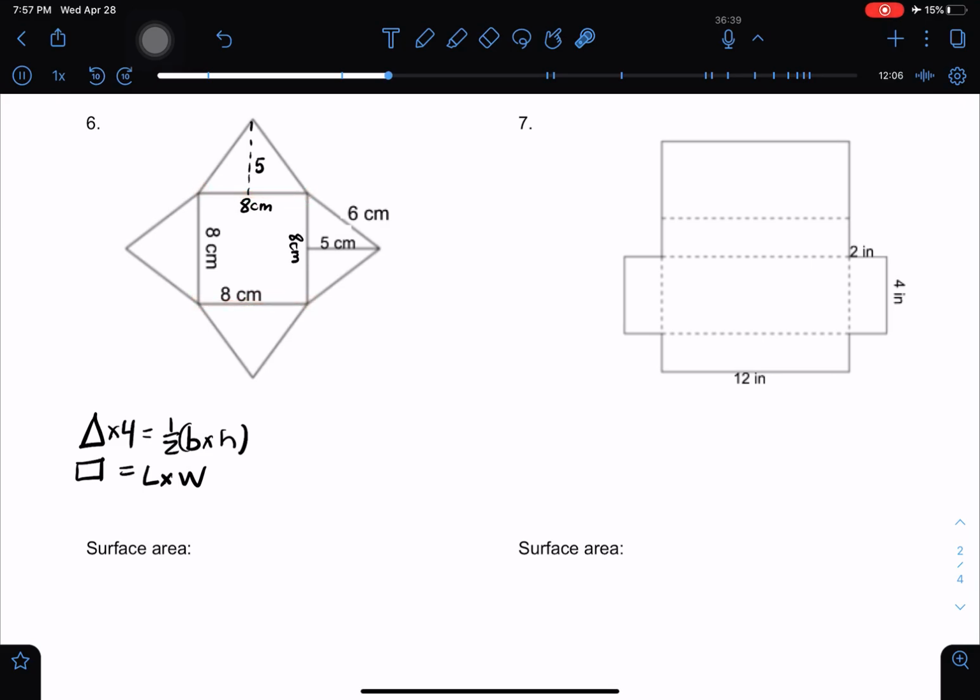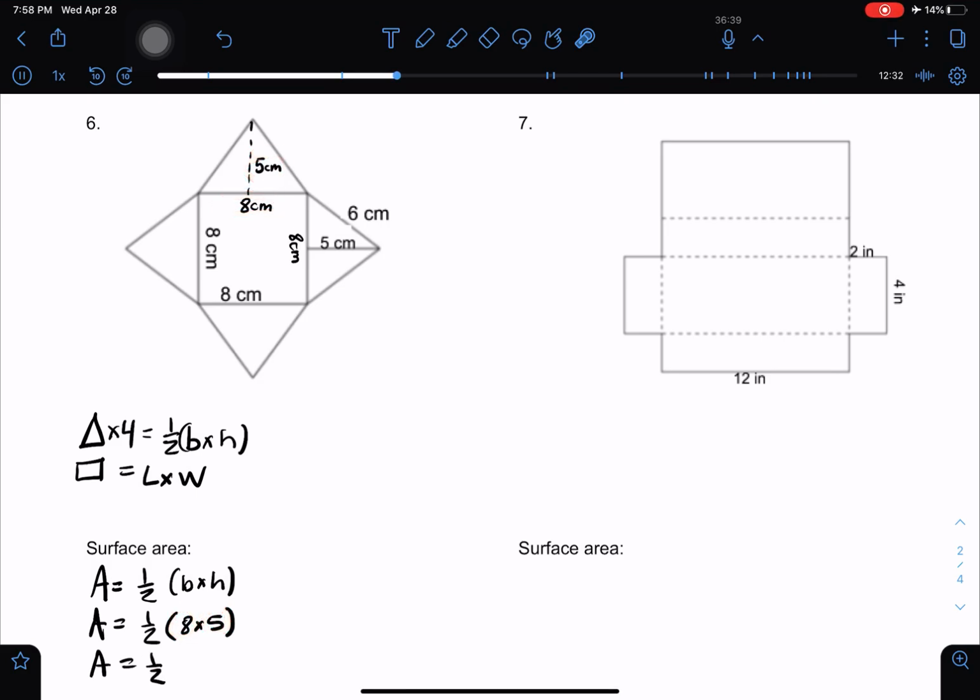So we use that information from the opposite side to know that the base of the triangle is 8 centimeters. And we now have all the information we need to find the area of that triangle. So we can go ahead and say area equals half base times height. We can go ahead and plug in our numbers and say that area equals half 8 times 5.